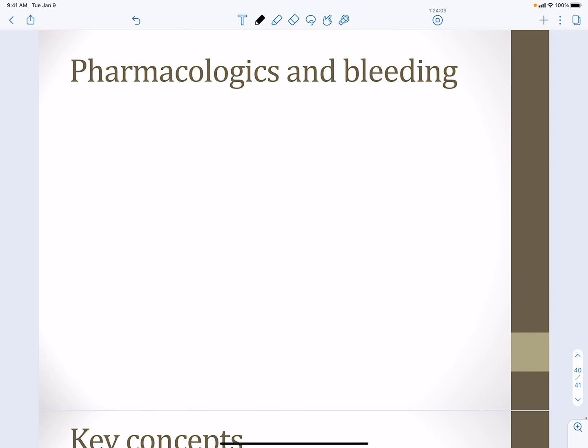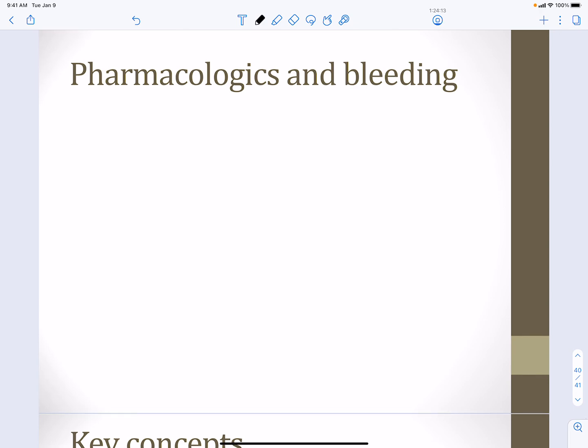So just very briefly about bleeding, you have inhibitors of vitamin K, which is going to impact your clotting factors 7, 9, and 10.